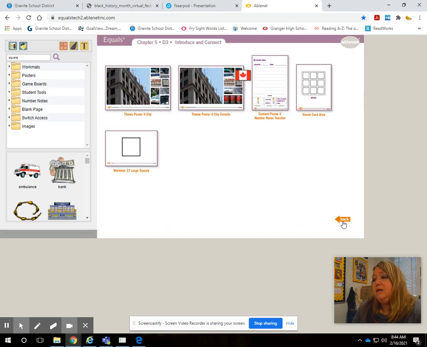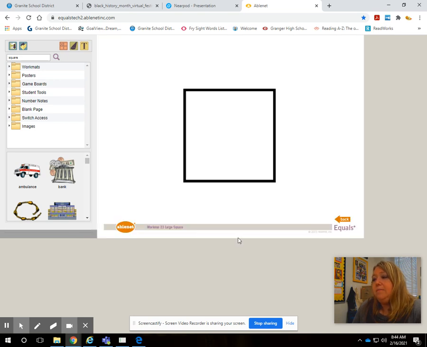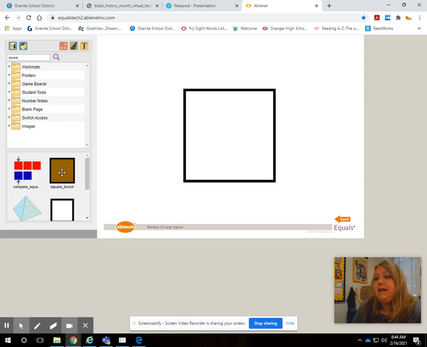So I do want to show you, bring up this big square right here. And we want to be able to see how many squares, I have brown squares here that we can fit. Okay, and I need to make them a little bit smaller here, but if I have this square right here, whoops, look what I did.